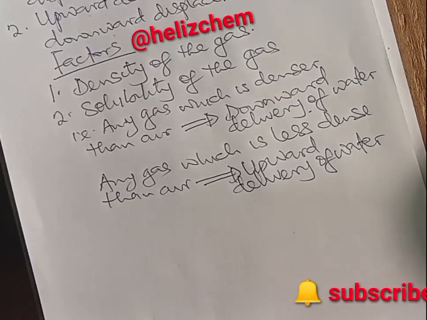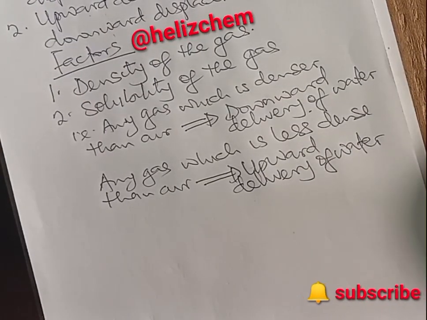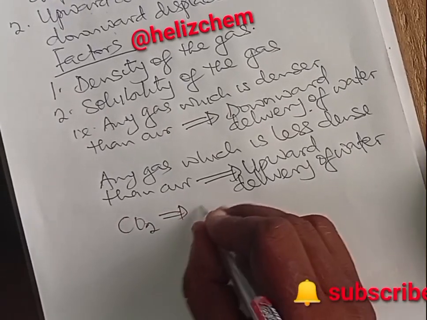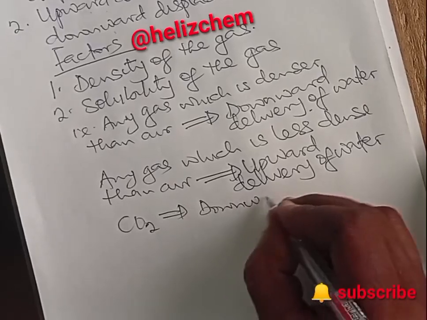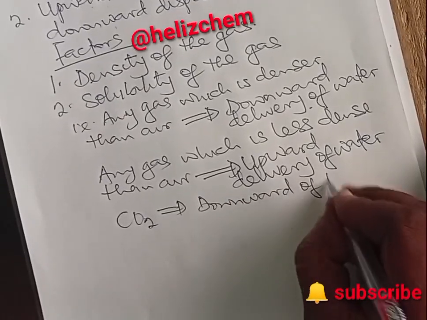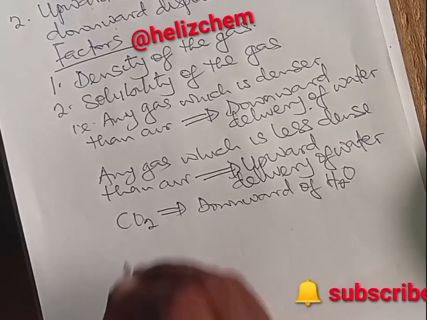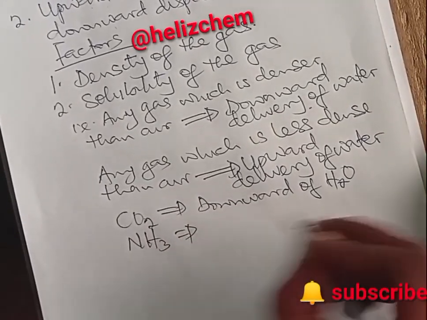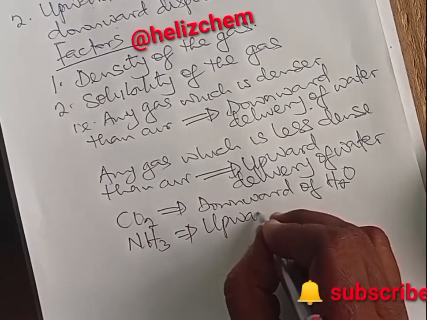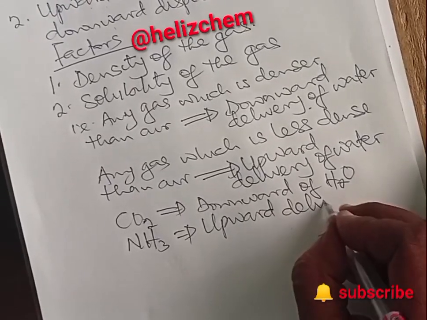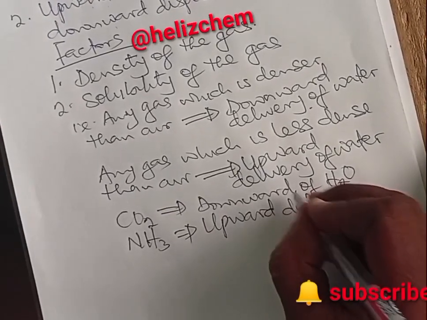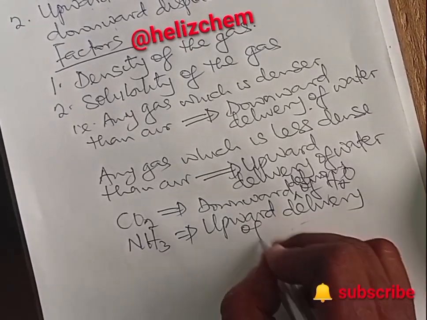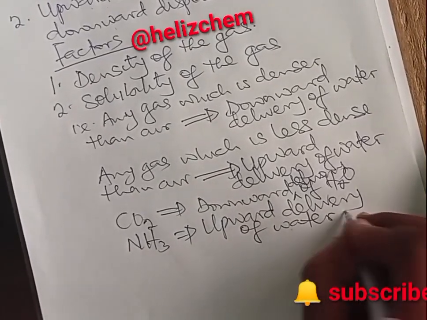We can collect gases like CO2 by downward delivery of water, and gases like ammonia can be collected by upward delivery of water. This is downward delivery, and this is upward delivery of water.